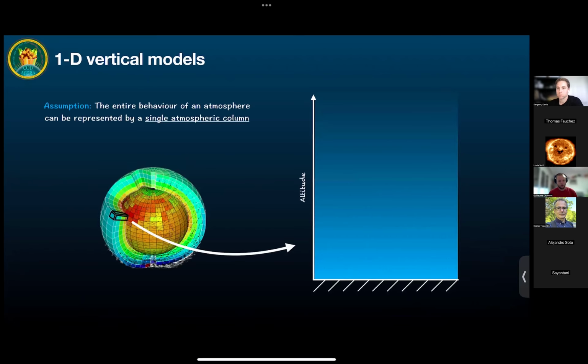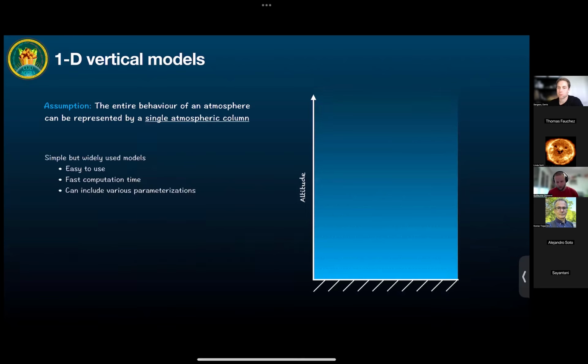Okay, so first of all, for people who are not experts of climate modeling, I'll just recap a bit what we're talking about to be on the same page. So we talk about 1D vertical climate models. The idea is to have one single atmospheric column, which is representative of the entire 3D-ness of the atmosphere.